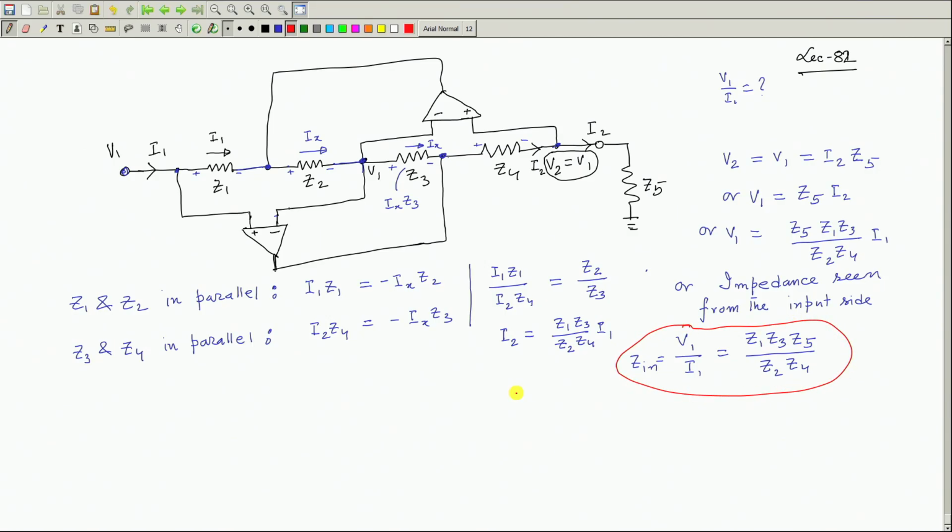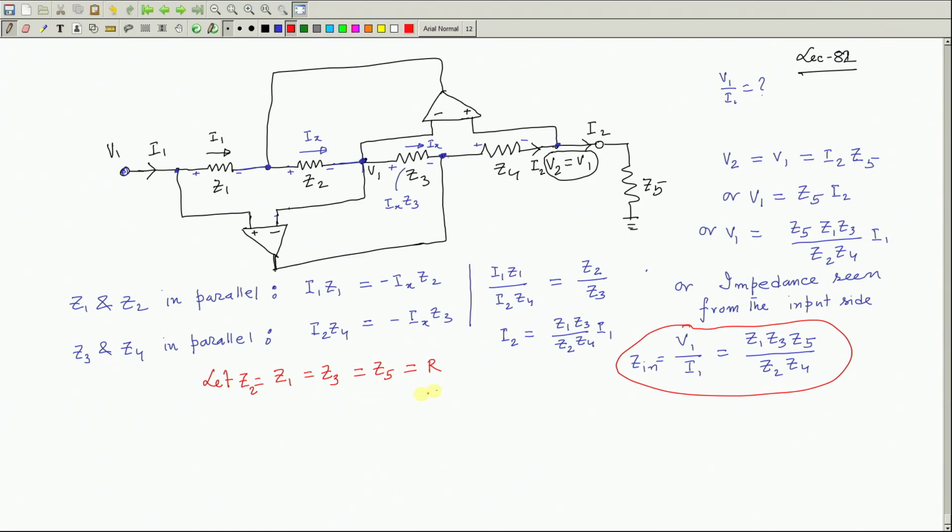Now, what you do is this. Suppose we say let Z1 equal Z3, equal Z5, suppose some R, some resistance I will connect, and also equal to Z2, suppose all are resistances.